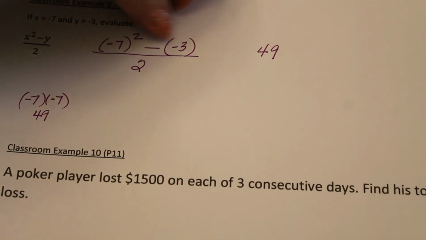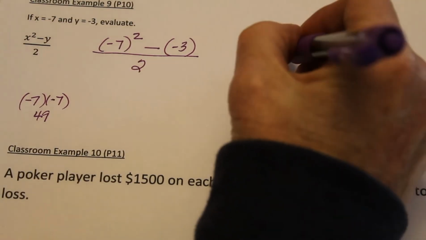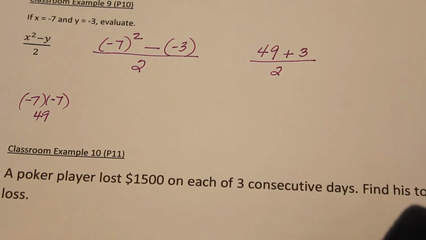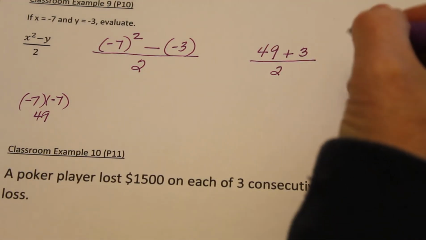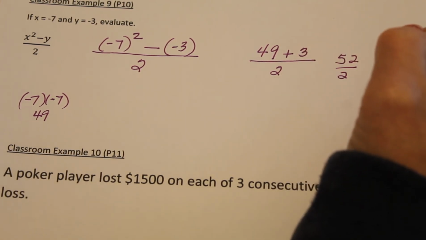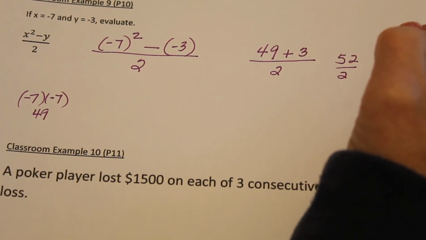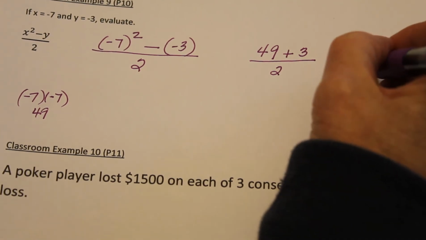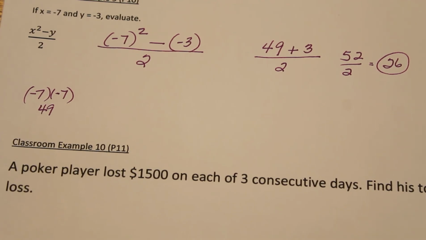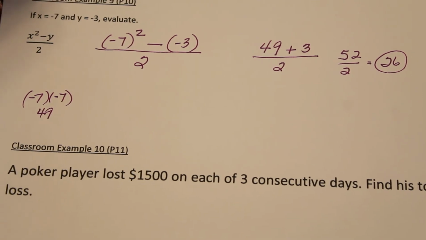And what do we do with this negative and negative? Negative of a negative is positive. 49 plus 3 is 52 over 2. And 52 divided by 2 is 26. So you're going to go with practice 10, practicing evaluating expressions.